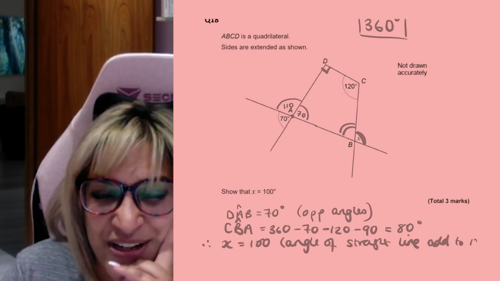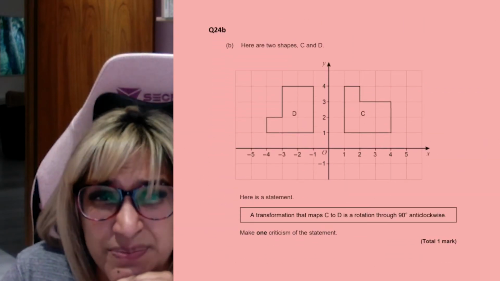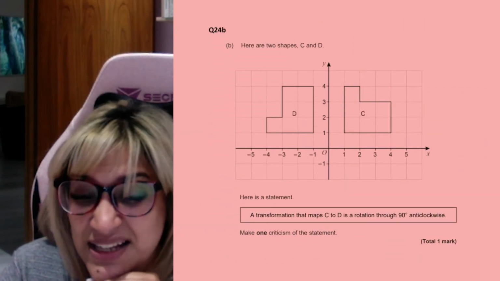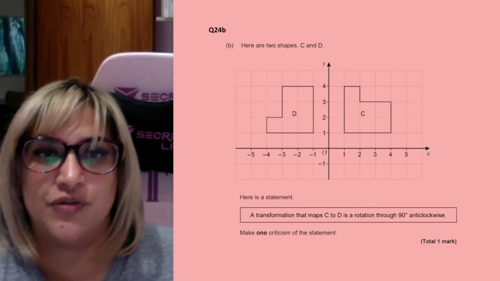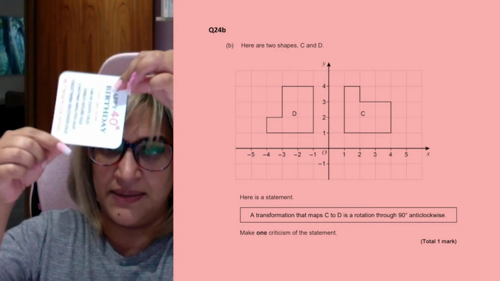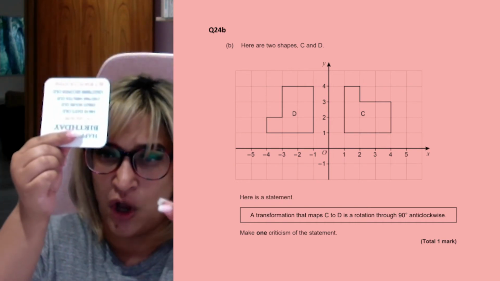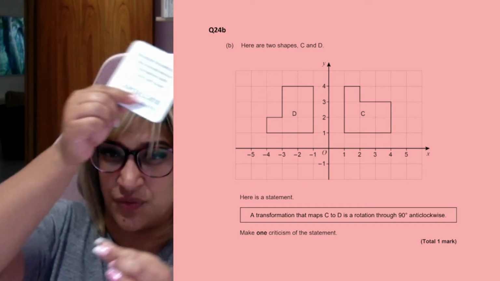So we got angles on a straight line. Okay, next question. We've got two shapes. What's wrong with this? It's telling us it's a rotation. So a rotation is us taking something that would be rotating at 90, that would be rotating at 180, but if you notice I'm holding it on this corner. I could hold my piece of paper anywhere to rotate it.